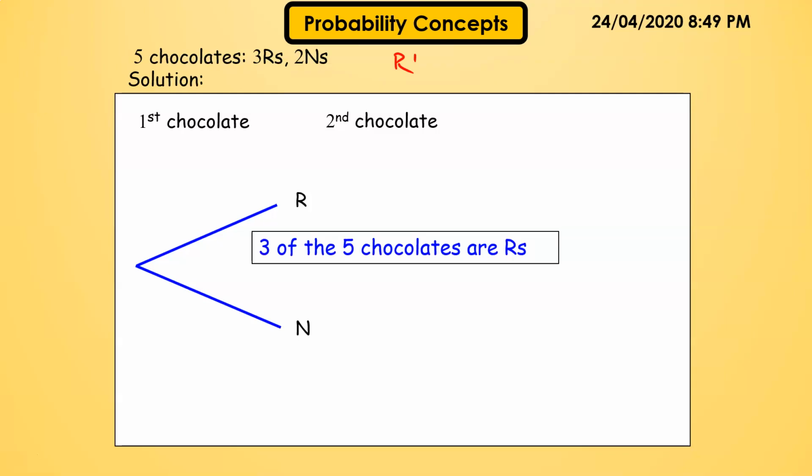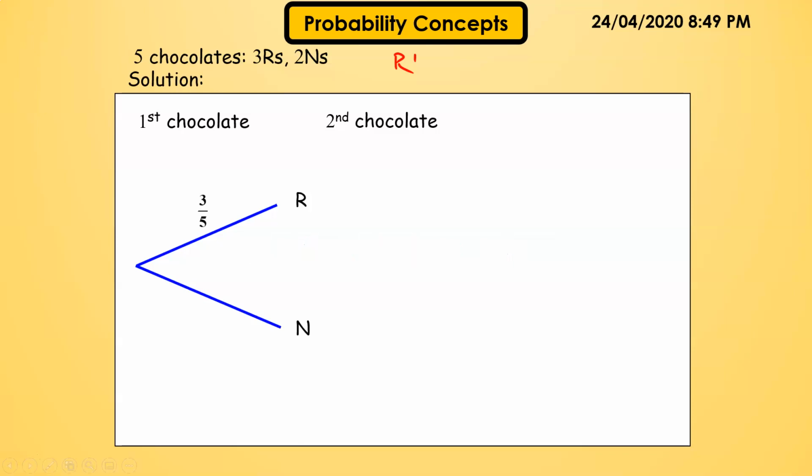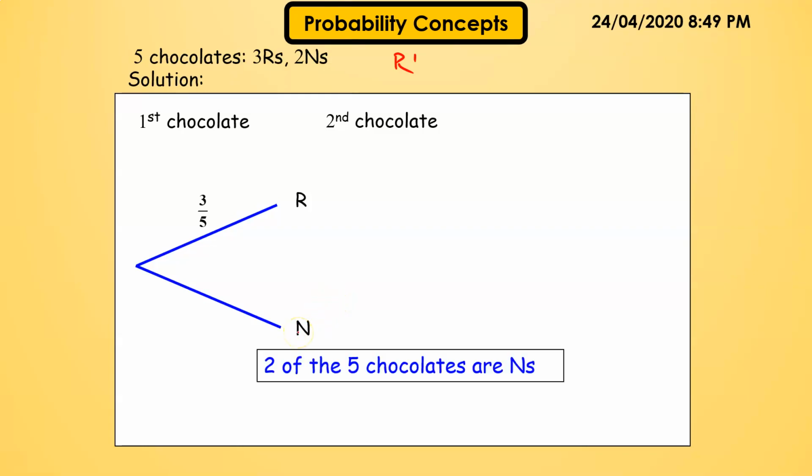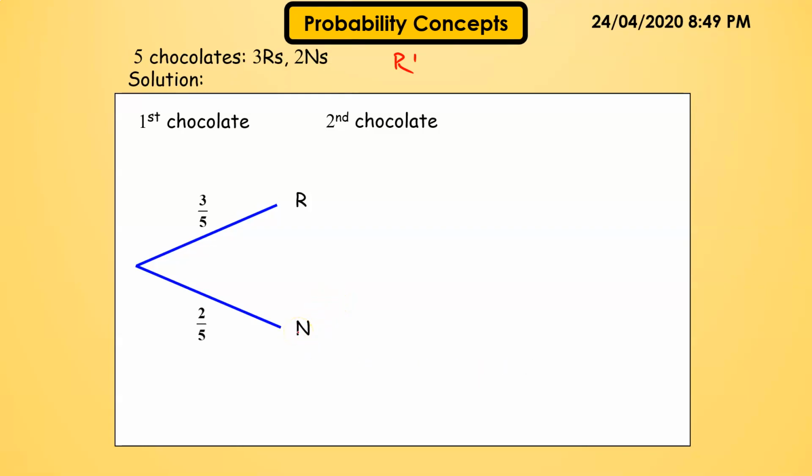So the probability of going down this branch, or choosing a raspberry, is 3 out of 5. Now, thinking about the nougats, it must be the 2 that are left over, so it's 2 out of 5.